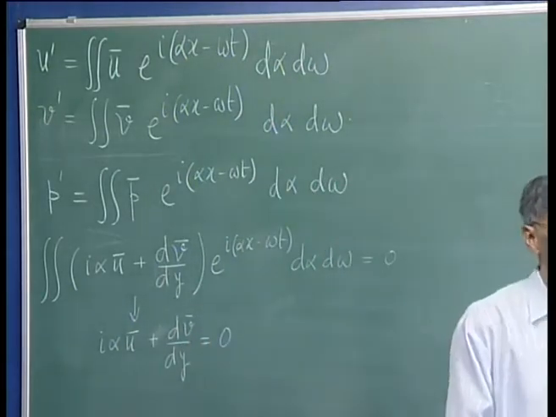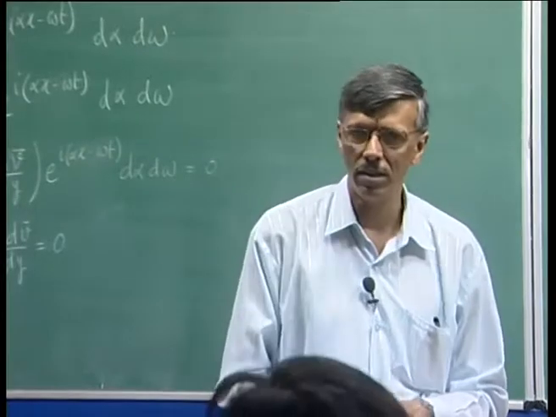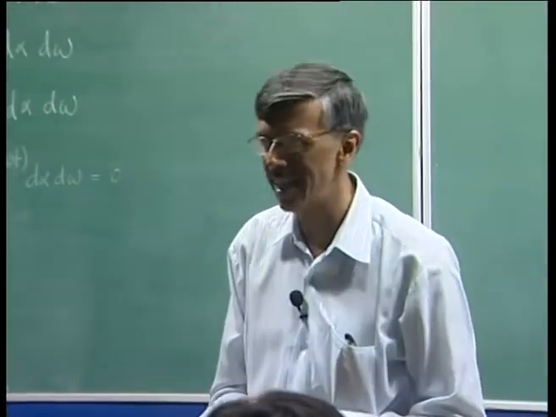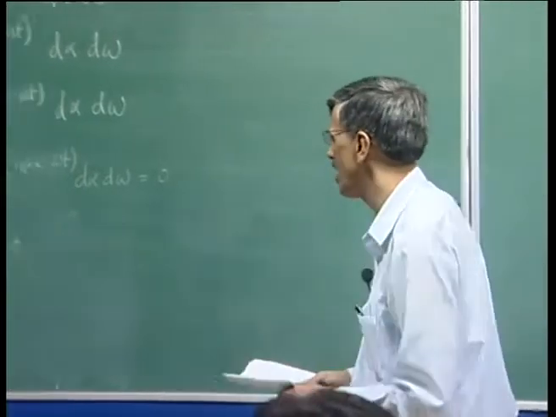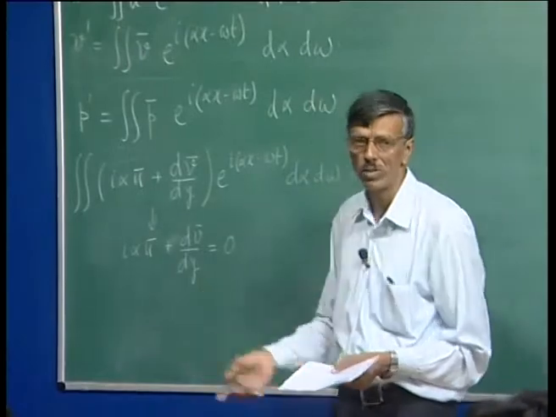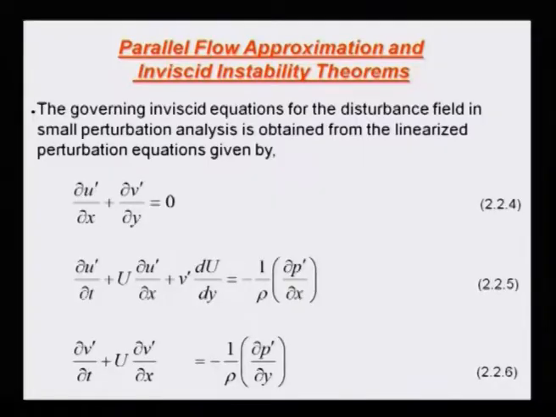So you see, that is what I promised you, that the PDE will be converted into an ODE. Can you not see that? What we have is a differential equation where the derivatives are with respect to y alone. What about the x-momentum equation? If I do it, what do I get?